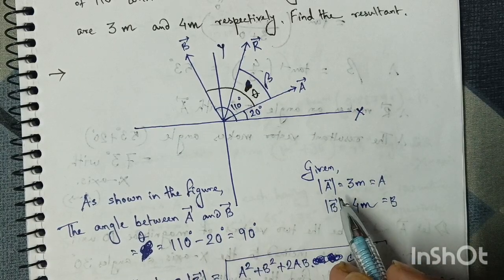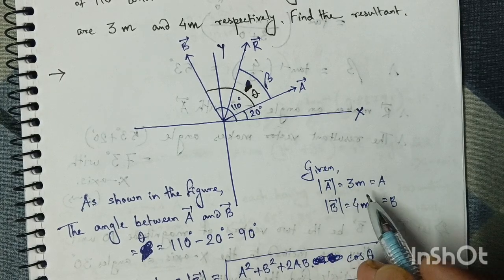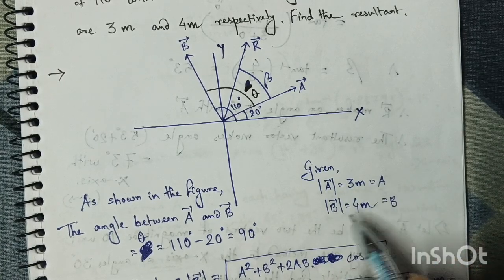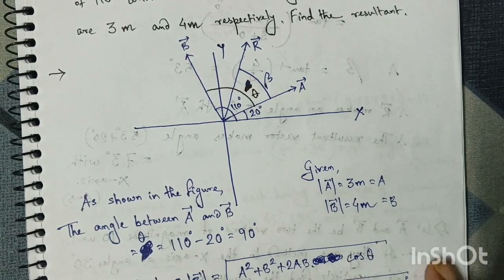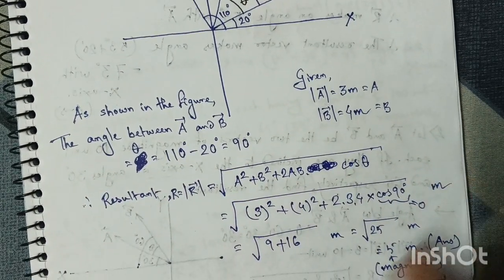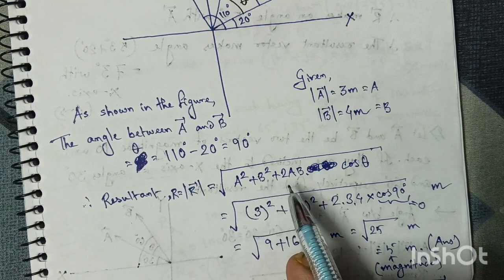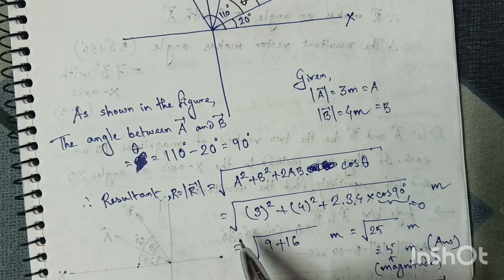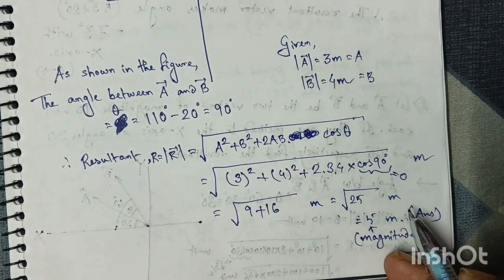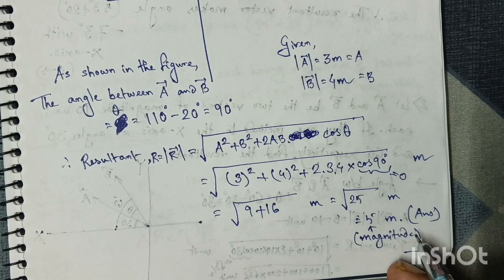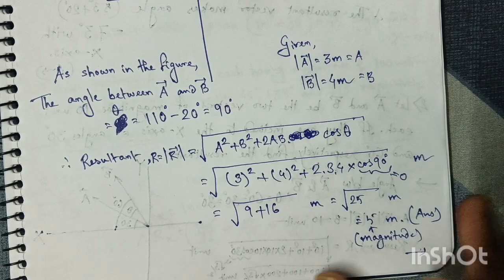Given that the magnitude of A is 3 meter and B is equal to 4 meter, the magnitude of the resultant is equal to root over A square plus B square plus 2AB cos theta. Calculating, we find that it is root over 25 meter, equal to 5 meter. This is the magnitude of the resultant.